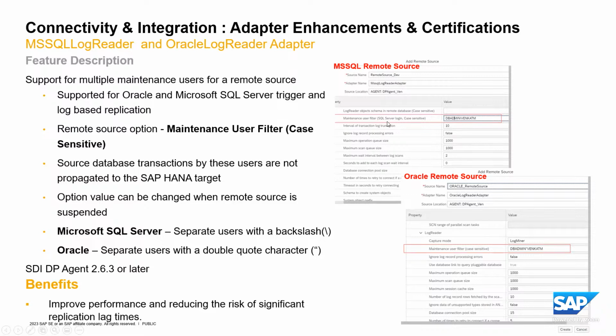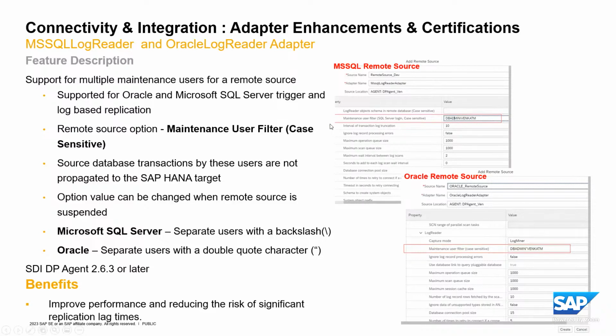Previously, we supported only one maintenance user. Our customers reported that the databases they replicate data into HANA use multiple maintenance user IDs to purge the data out of different tables nightly for each application that runs on this database. Sometimes the purge volume goes into millions at once, and it causes the upsert in HANA to take an extremely long time to compute and lag behind significantly.